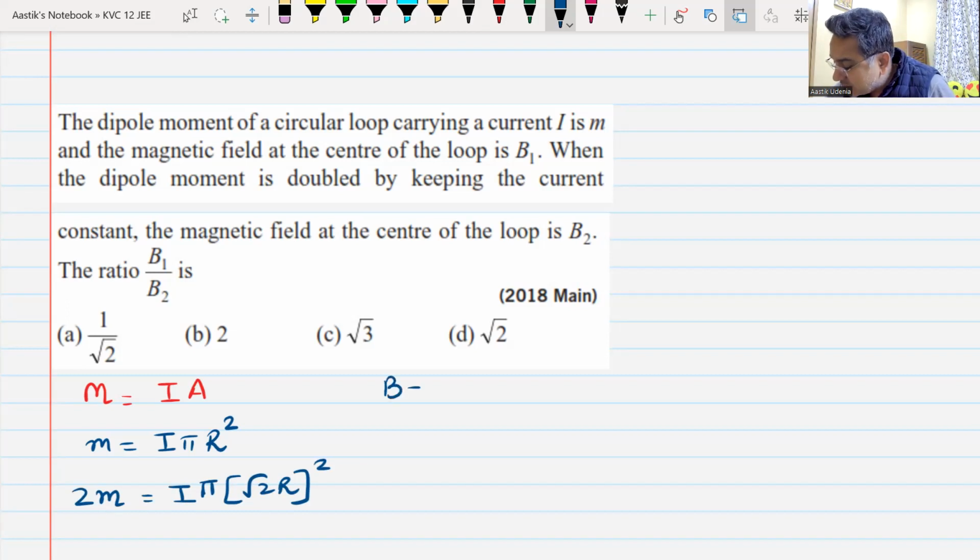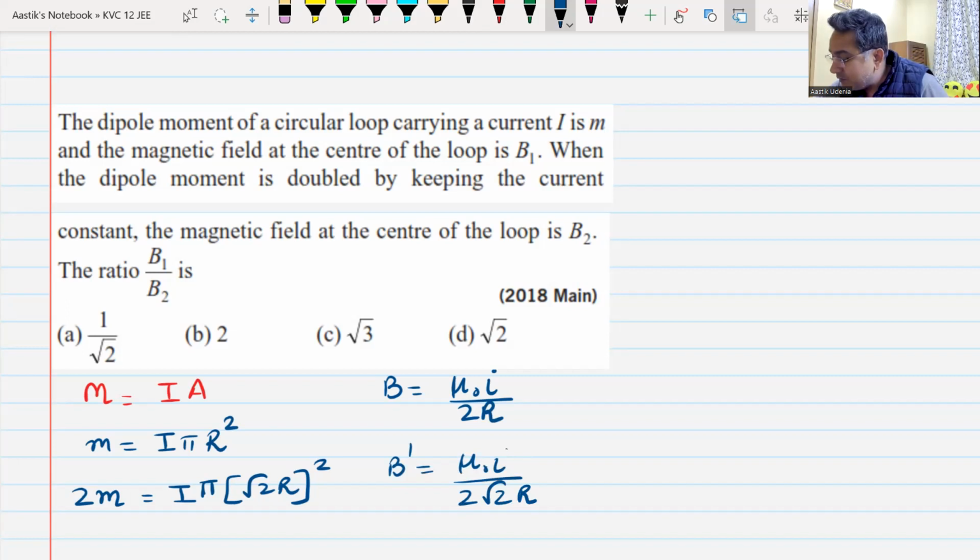In the first case, the magnetic field is mu naught I by 2r. It is inversely proportional to r. In the next case, B dash will become mu naught I by 2 times root 2 r.